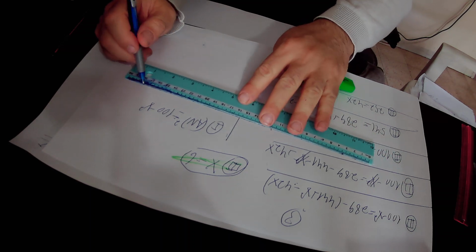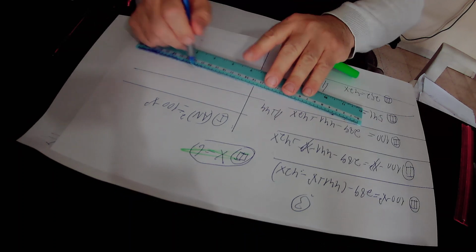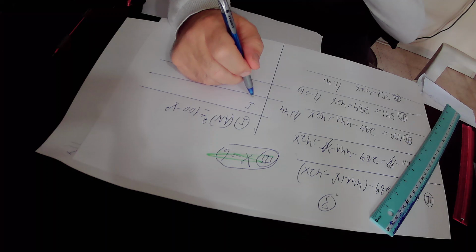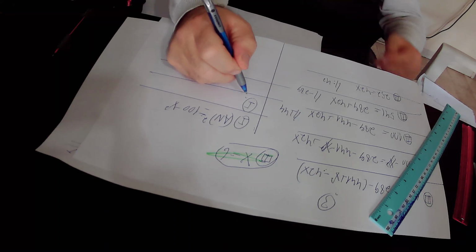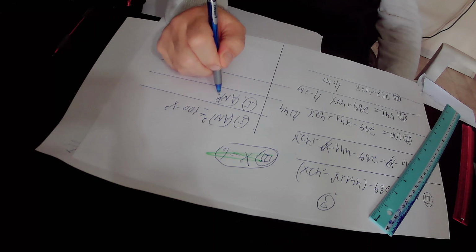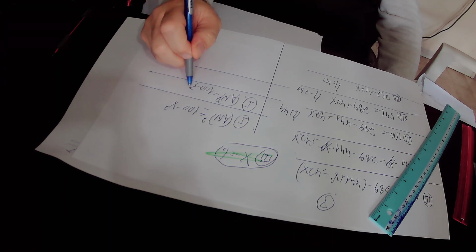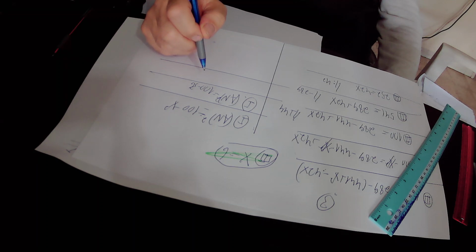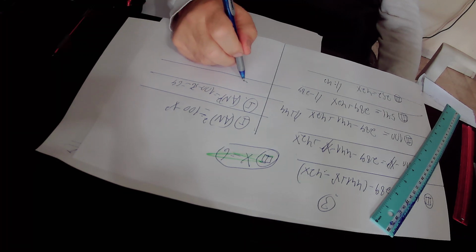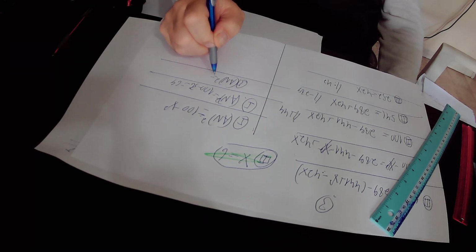that is 36. So in total we have found out that AN squared equals 100 minus 36, because x squared is 36. 100 minus 36 is 64, so according to equation 1, AN squared equals 64.